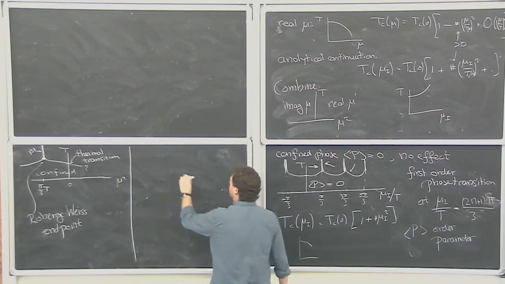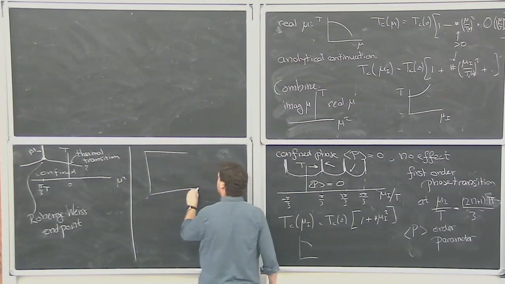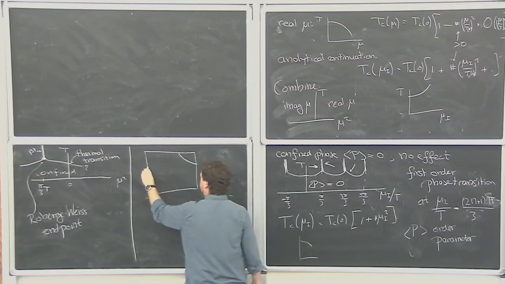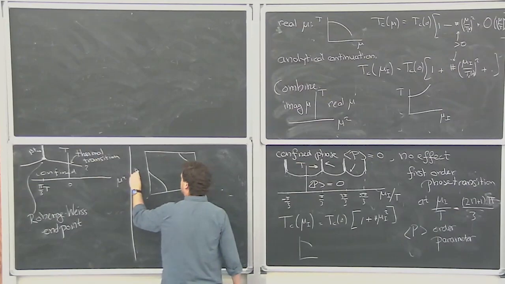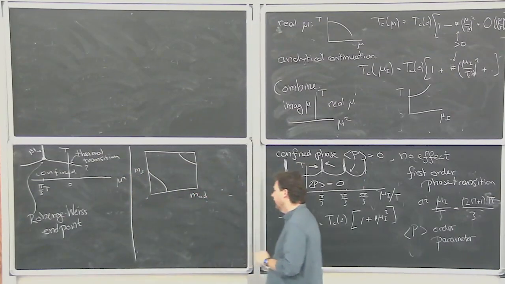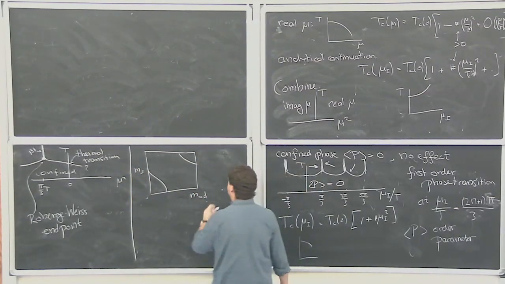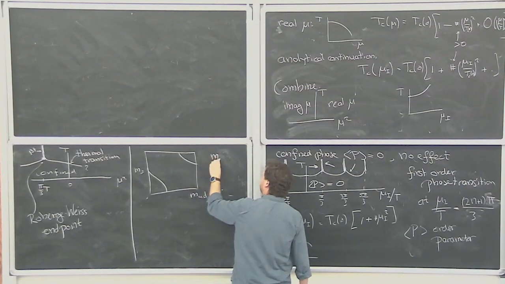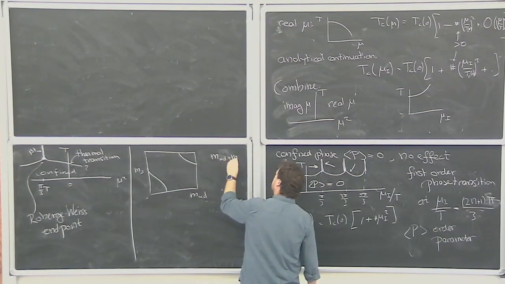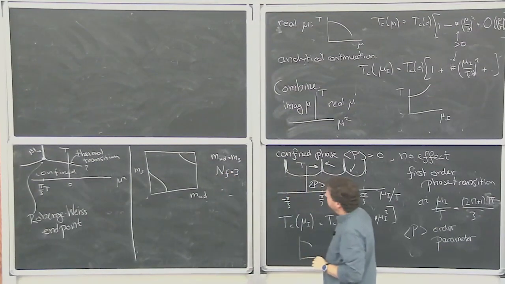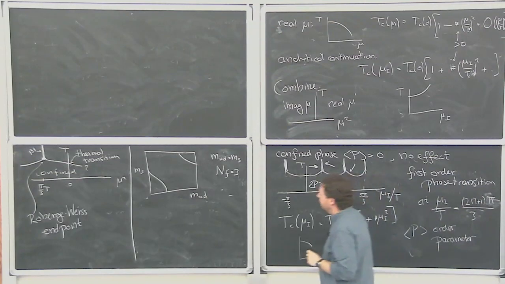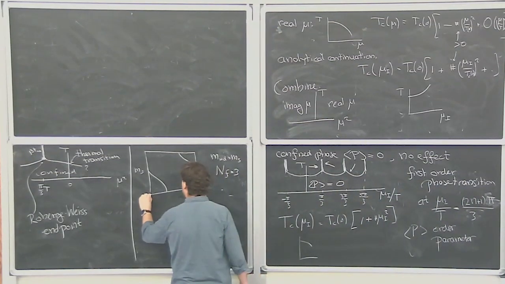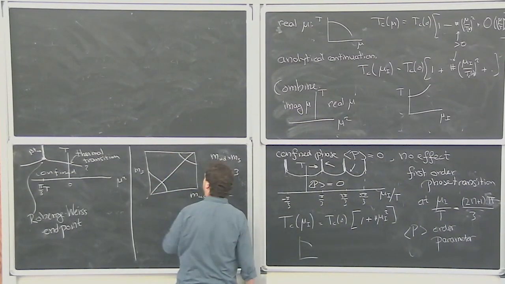So let me again draw it here. And for simplicity, let's take the case of 3 degenerate flavors. So I'm taking the case that the 3 quark masses are equal, and then I'm cutting a line through this plot like this here.